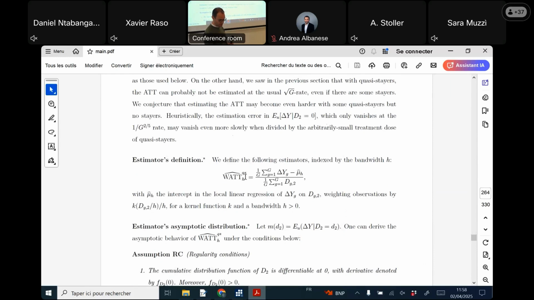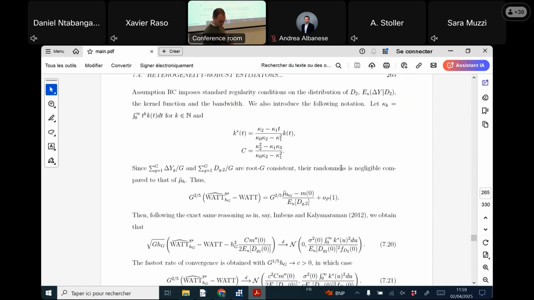So the estimator is going to look at the average outcome evolution of everyone, because everyone is treated, minus an estimator of the counterfactual outcome evolution without treatment, which is going to come from a local linear regression of delta y on DG2, where the local linear regression is estimated in a subsample of units with a treatment dose below a bandwidth, and the bandwidth H will be chosen following results from Imbens, Kalyanaraman, etc., for optimal bandwidth choice.